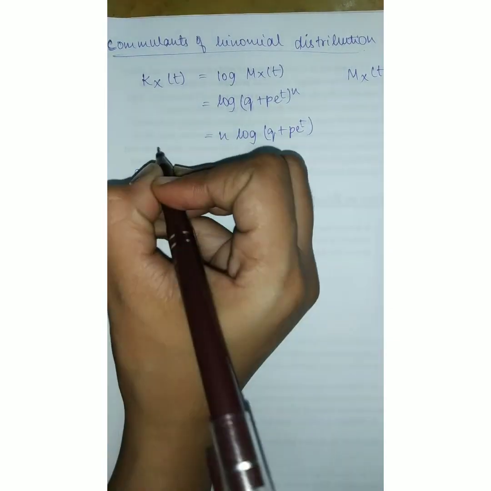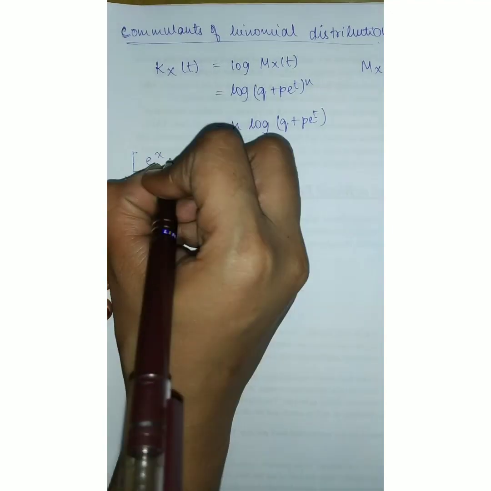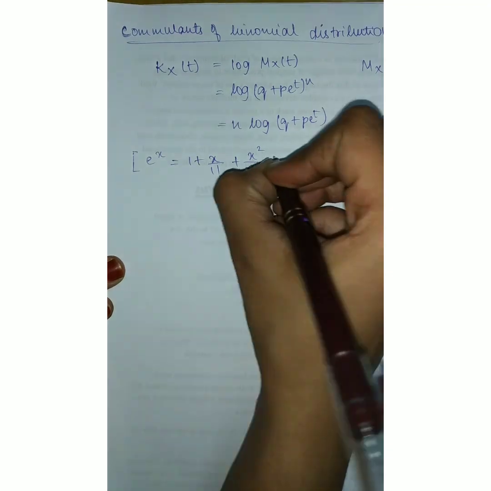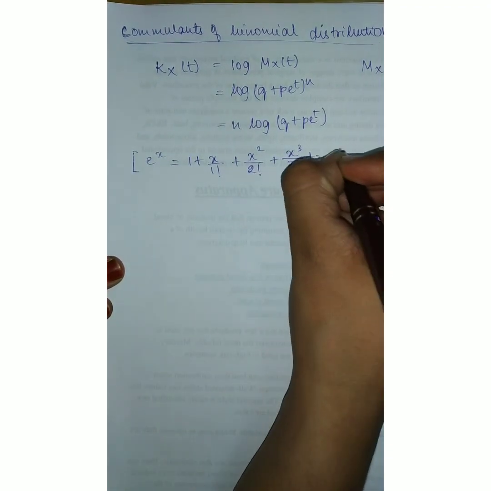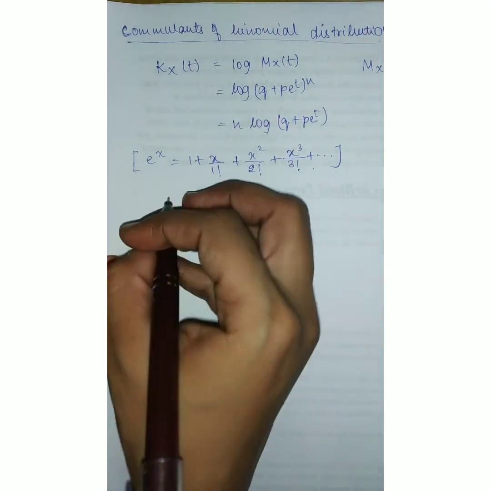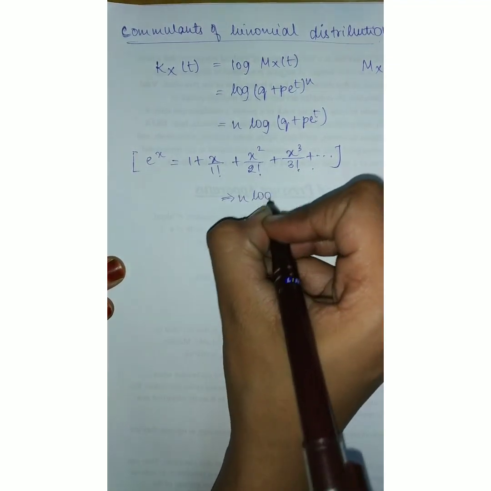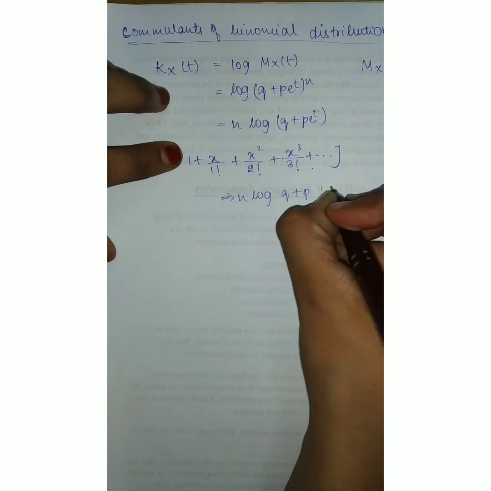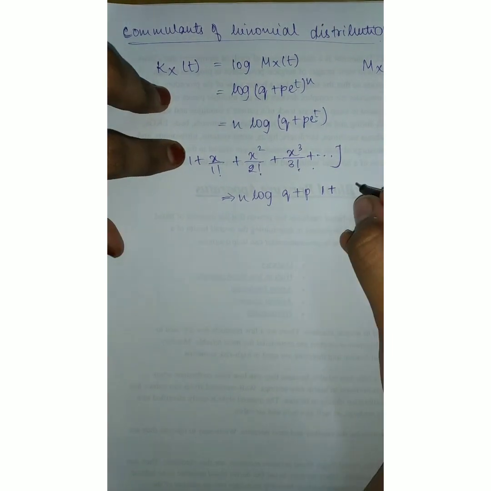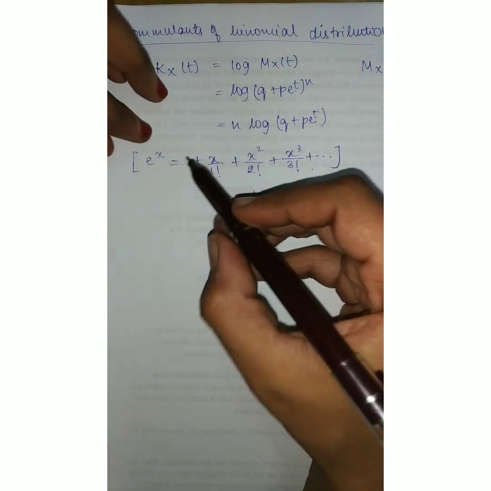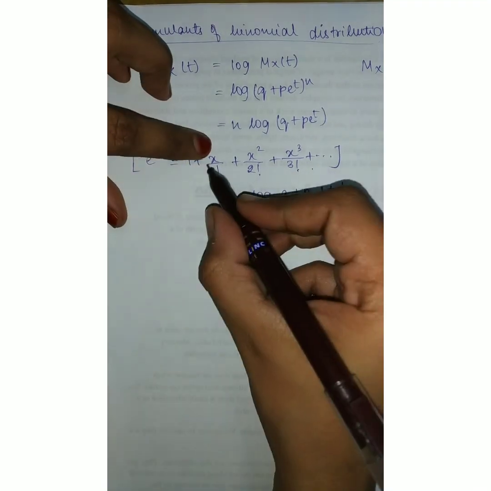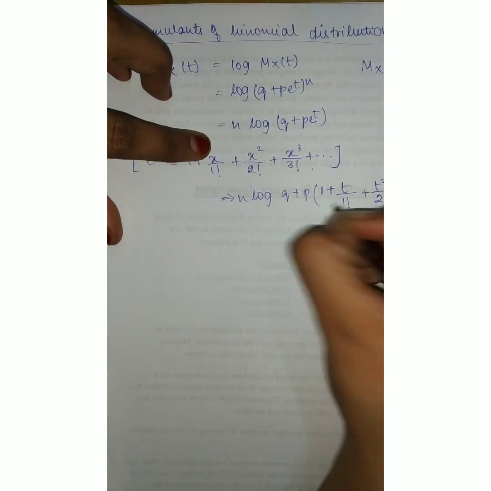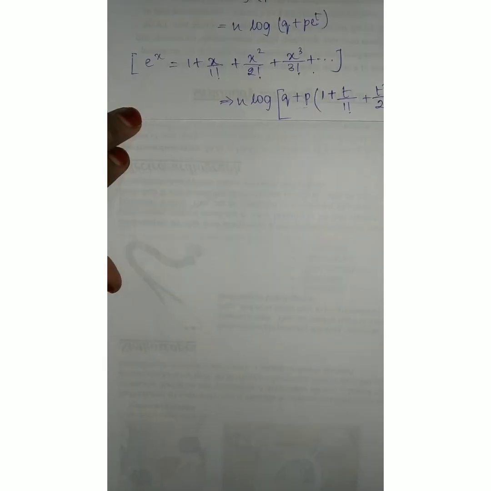Then here we use the formula e power x is equal to 1 plus x by 1 factorial plus x square by 2 factorial plus etc. That is equal to n log of q plus p into 1 plus, since we have t in the place of x, we write t by 1 factorial plus t square by 2 factorial plus t cube by 3 factorial, etc.